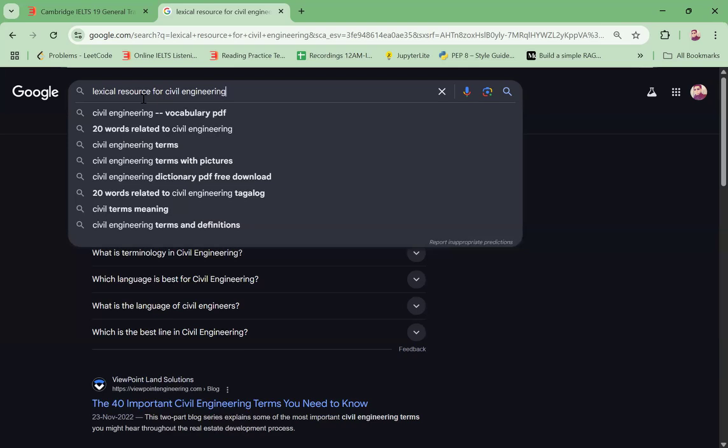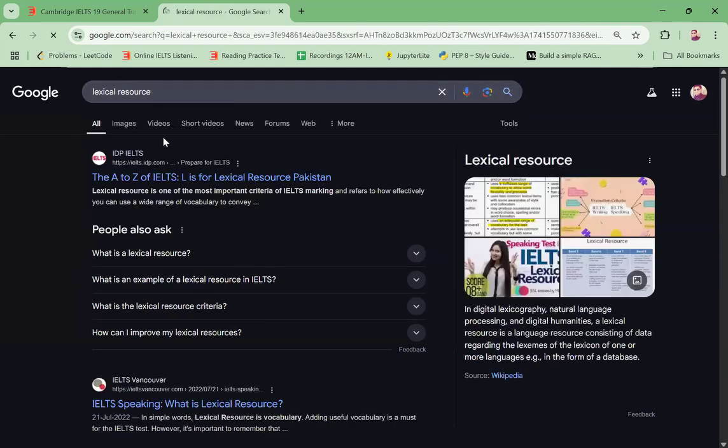Then the next thing we talked about is lexical resource. Lexical resource, as I mentioned earlier, means vocabulary for the specific field. Lexical resource for any language is the basic words for that language, and lexical resource for any topic is the basic words for that topic. For example, we were talking about civil engineering. Lexical resource for civil engineering is mine, civil construction, engineering, industry, construction materials, steel.